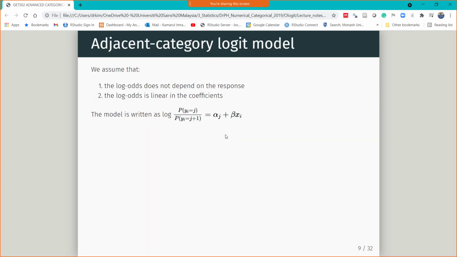So this is the adjacent category model. It means that you compare category j with the neighboring category, which is j plus 1. If category 1, you compare with category 2, if category 2 you compare with category 3, and so forth.